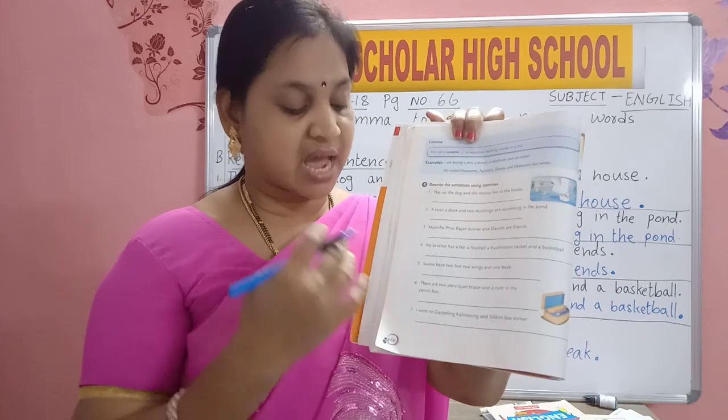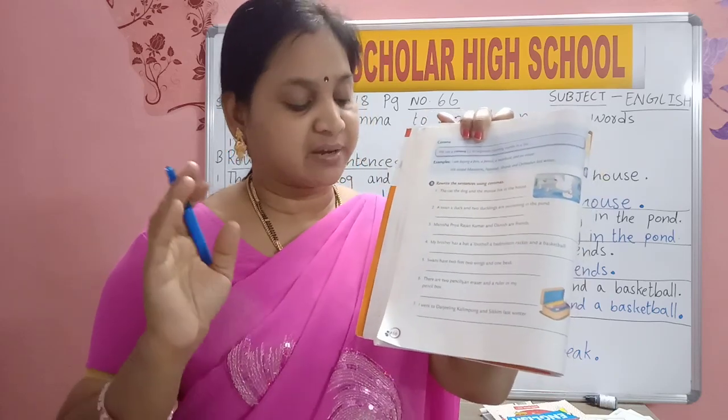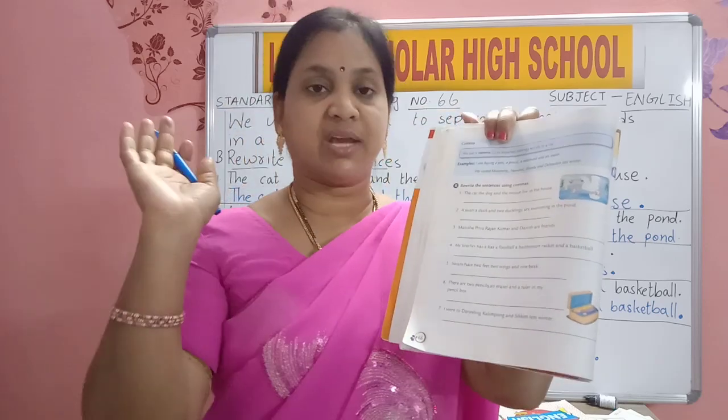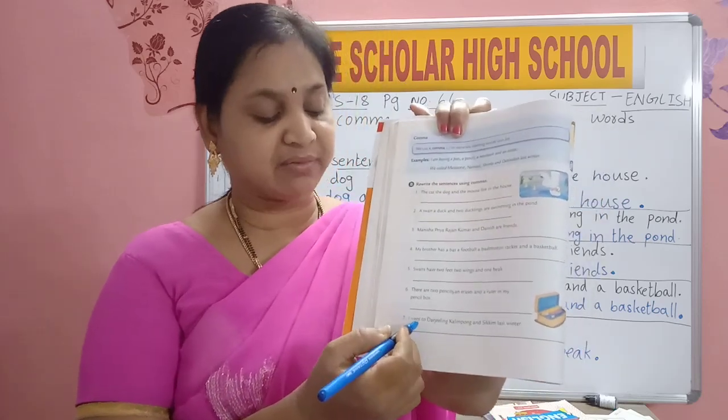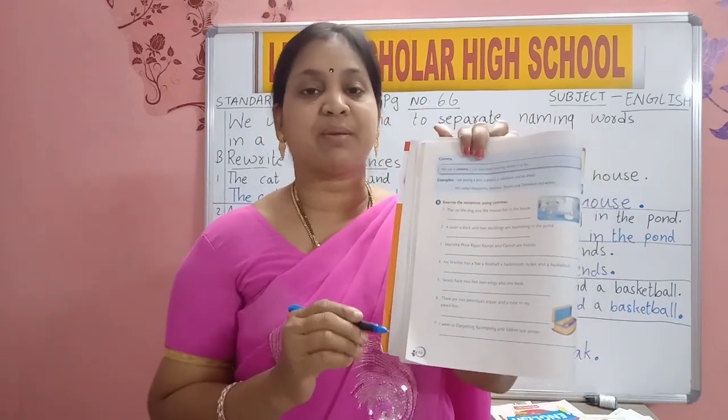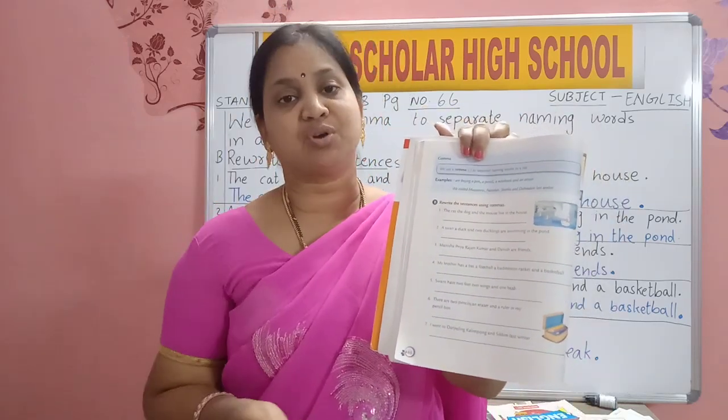Here he is saying that I went to Darjeeling, Kalimpong and Sikkim last week. So where should we put a comma here? Here names of places are given. To separate the names of places we should put a comma.